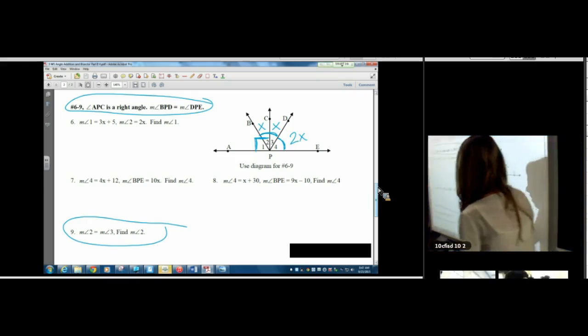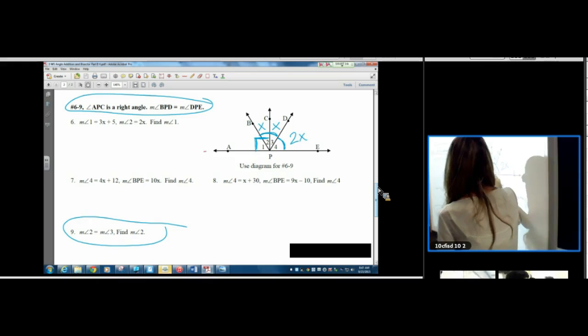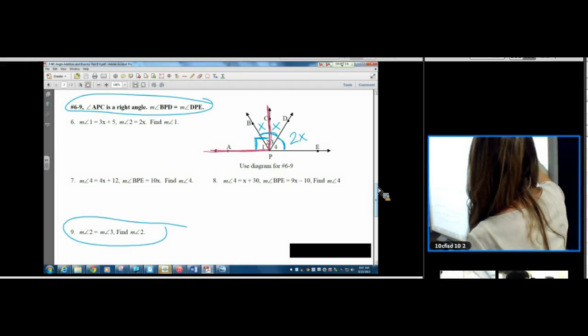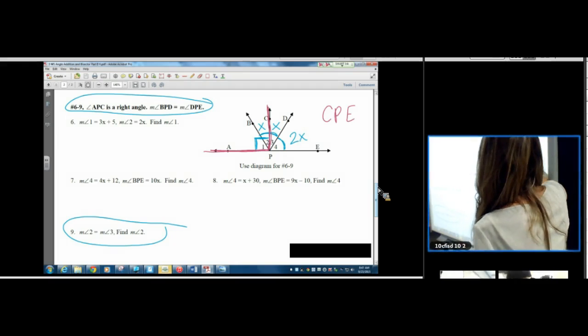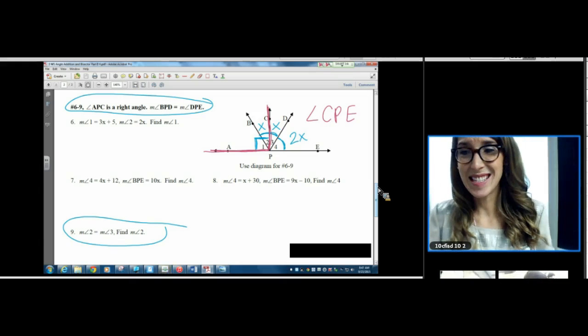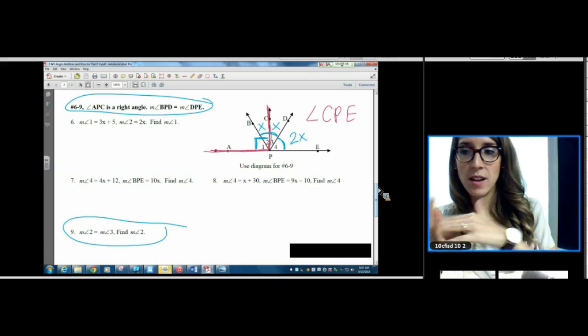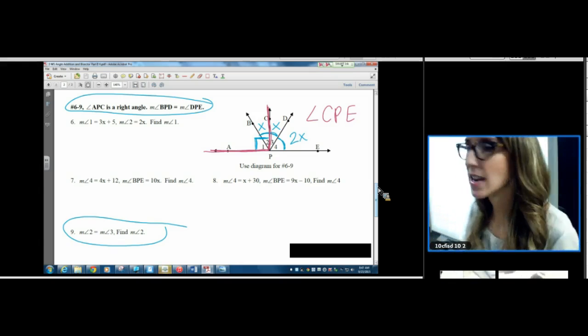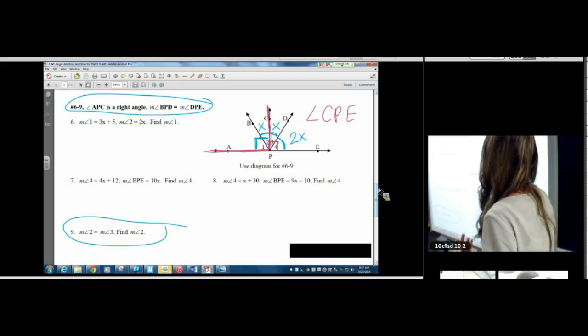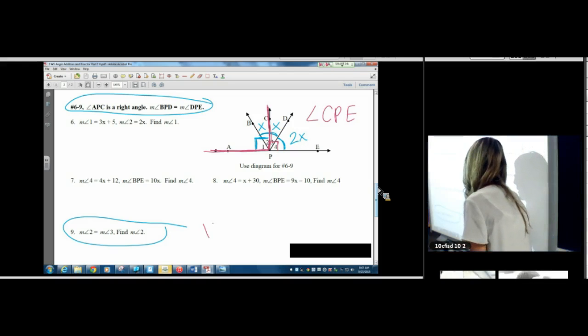Okay, now, we know that this angle is a 90-degree angle. Do you know what angle CPE is equal to? Well, if APC is 90, then the one right next to it, 180 minus 90 is 90. It also has to be 90. So this angle is 90 as well. So I can do a segment addition statement.